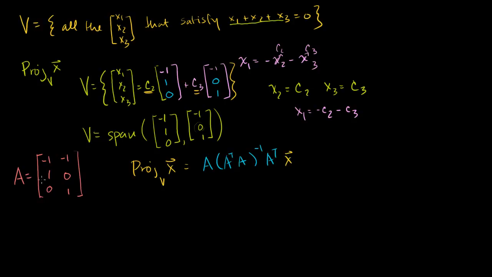You can do it. You have A here, you can figure out the transpose of A, very easy. You can take A transpose A, then invert it, and it'll be similar to what we did in the last video. It'll be a little less work because this is a 3x2 matrix instead of a 4x2 matrix. But you saw it is a lot of work. It's very hairy, and you might make some careless mistakes.